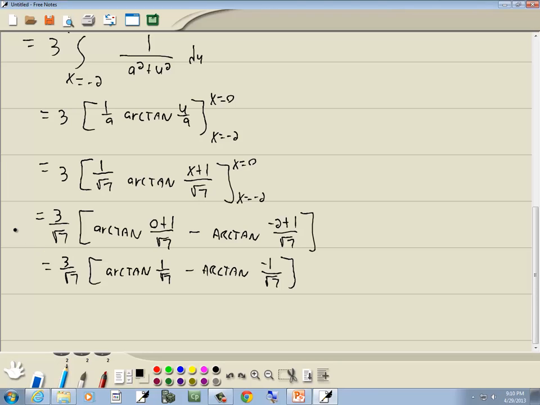And if I wanted to, I could get rid of the square root of 7's downstairs. I'm not sure if it really adds anything to do that. But if we did, just so you see one problem I do that on, that's 3 square root of 7 over 7 times arctangent of square root of 7 over 7 minus arctangent of negative square root of 7 over 7.